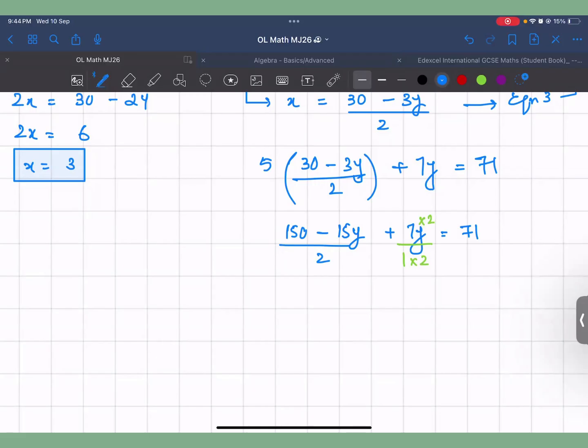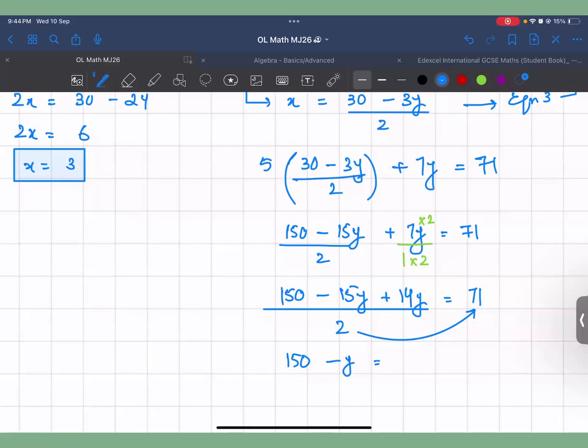So now I have 2 in the denominator for both of them. 14y. So 150 minus 15y plus 14y. I took the LCM and then combined them. Now this 2 in the division would go over there and multiply. So 150 minus y is equal to 142.